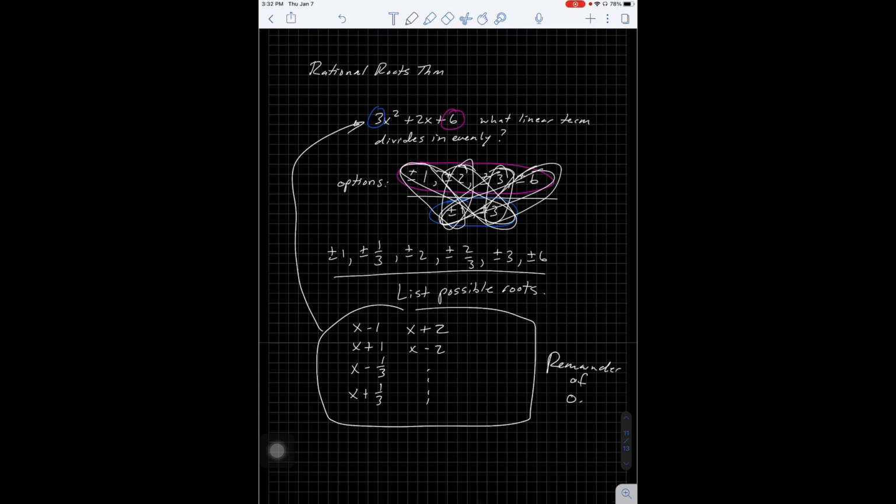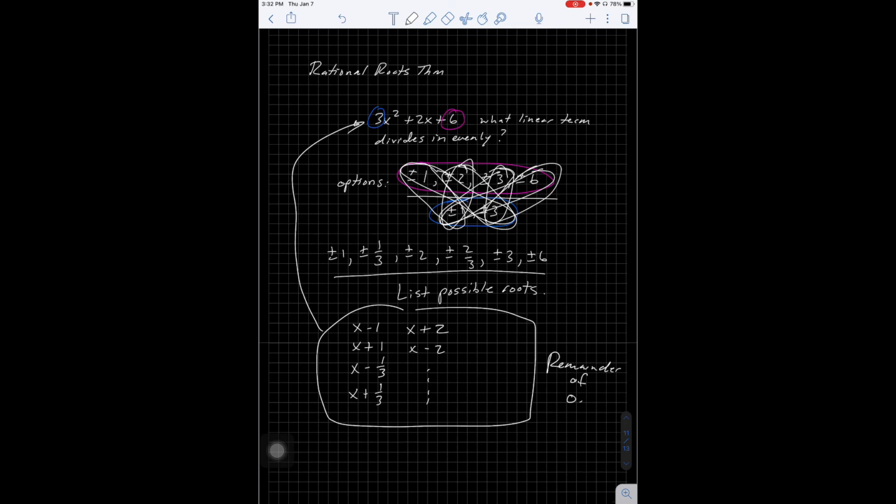Now, why do we care about that? We're going to see that in the next section, okay? But for now, what we're looking at is we're taking a polynomial and saying, what are my options? So now, this does not guarantee that something does divide in evenly. It just says if there's something, it will be in this list.